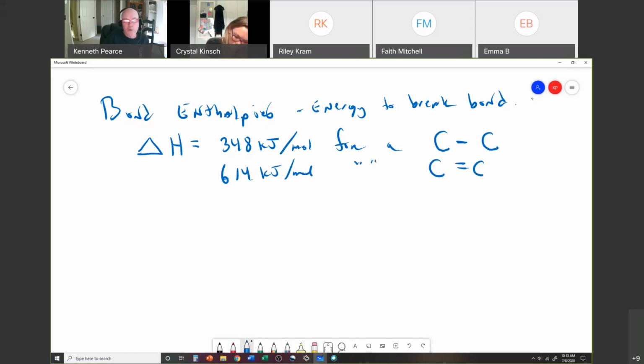And look at this right here. Would you say this is about twice as much? And it is. 600 and some change is almost twice as much as 300 and some change. And if you go with a triple bond, you get 839 kilojoules per mole for a triple bond.